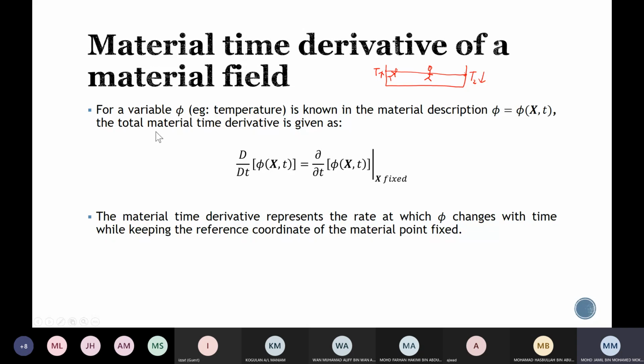So if you want to find the differentiation or derivative of phi, you just simply find the derivative, assuming the x is fixed, okay, fixed value of x. So the material time derivative represents the rate at which the phi changes with time, while keeping the reference coordinate fixed. Okay, you don't change the reference.